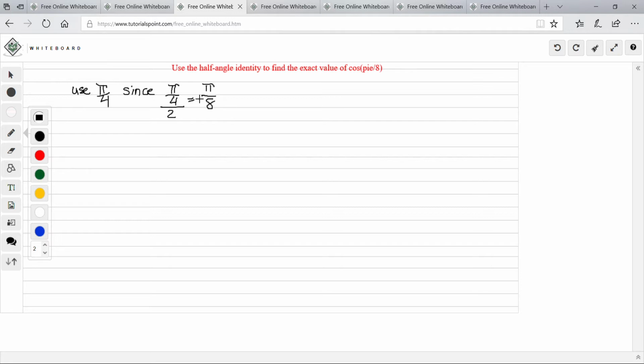So I will use this half-angle identity: cosine of x over 2 equals plus or minus the square root of 1 plus cosine x, over 2.